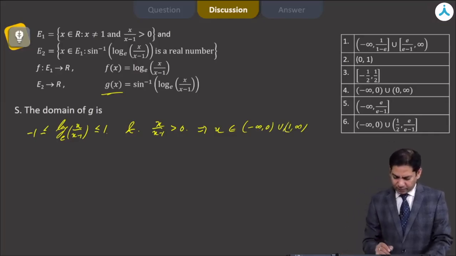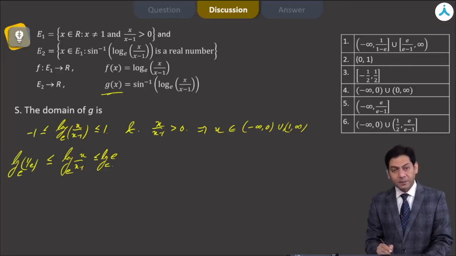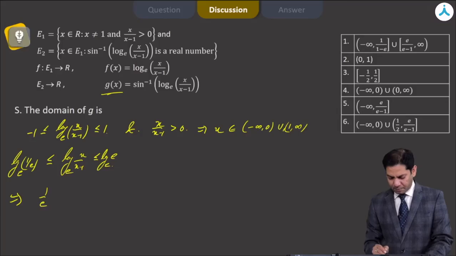Now this one means log of x upon x minus 1 should be less than or equal to log of e to the base e, here also the base e, and here log of 1 by e to the base e. Log is an increasing function, that implies 1 by e is less than or equal to x upon x minus 1 and less than or equal to e.